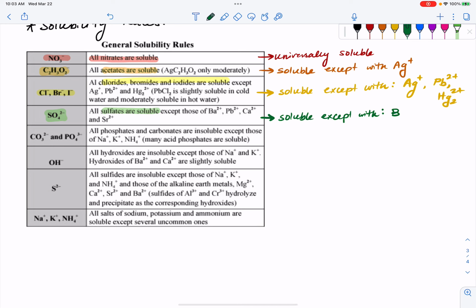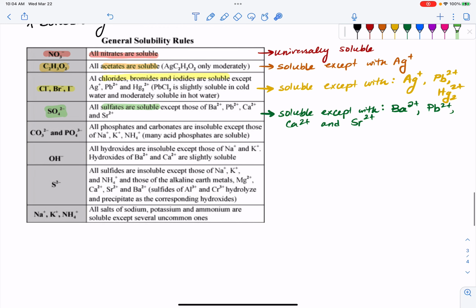So we've got our divalent, meaning 2 valence electrons, cations, Ba2 plus, Pb2 plus, calcium 2 plus, and strontium 2 plus. So again, these heavier or larger group 2 cations, and then also our transition metal lead-2.